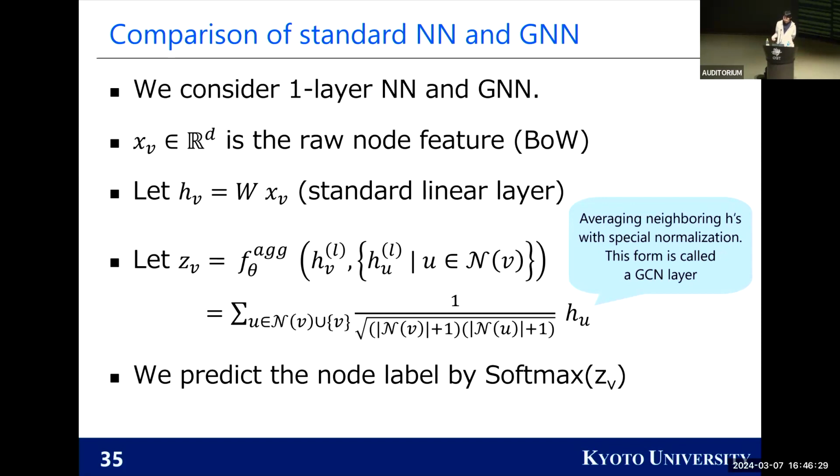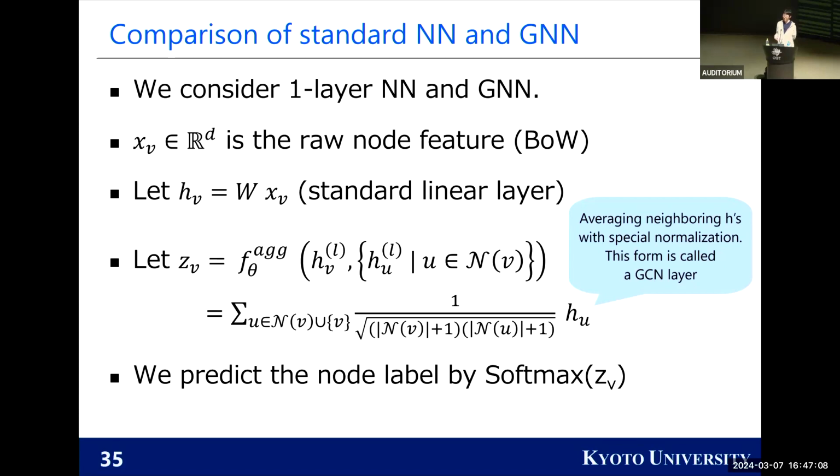And the more detailed explanation is that actually we can prove that the spectra, or the eigenvalues, of this aggregation can be bounded by 1. So we can prove that we do not blow up the norms of H, or the embeddings, by this aggregation. But I'm not sure this makes sense, so if you're interested, you can refer to the literature in graph signal processing and graph spectral analysis I referred to in the previous slides.